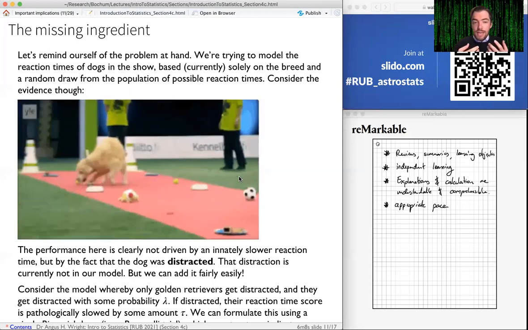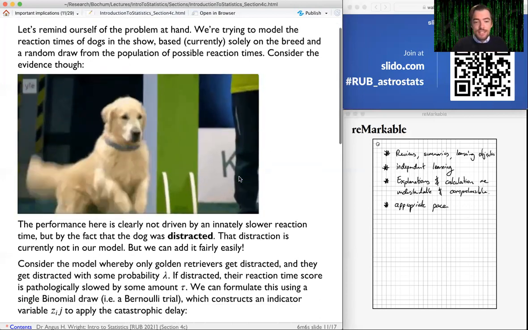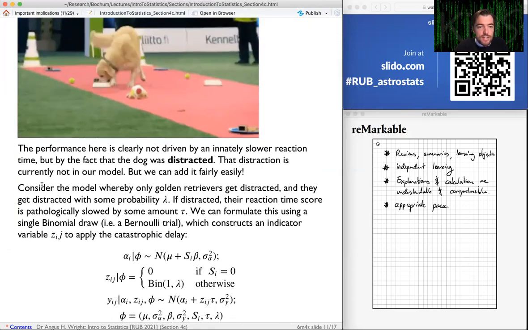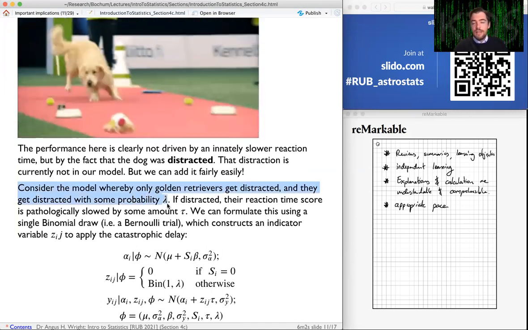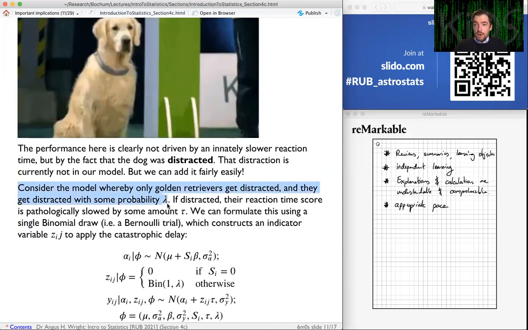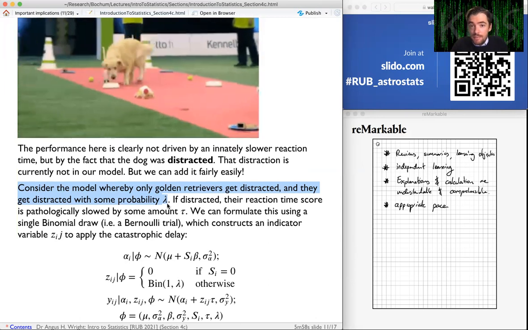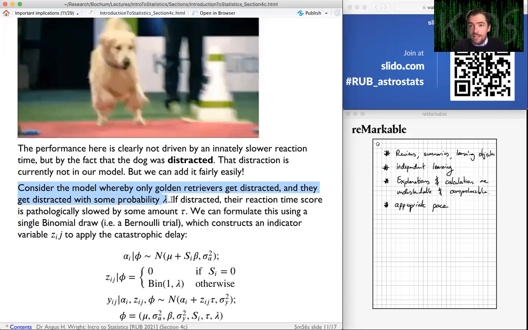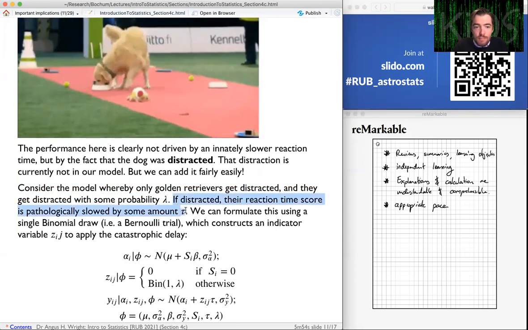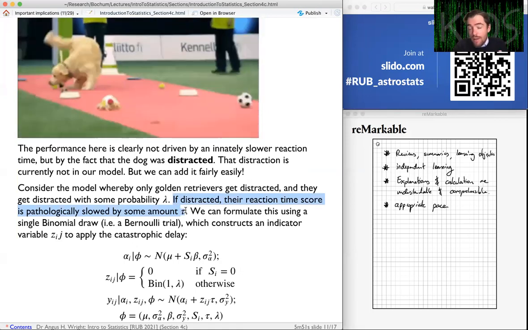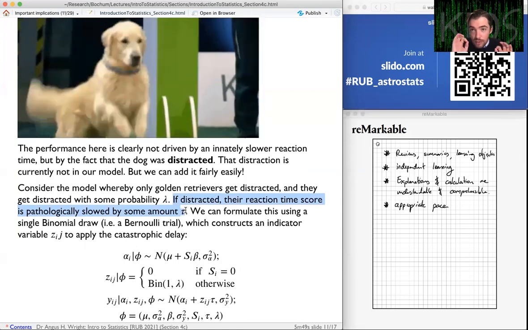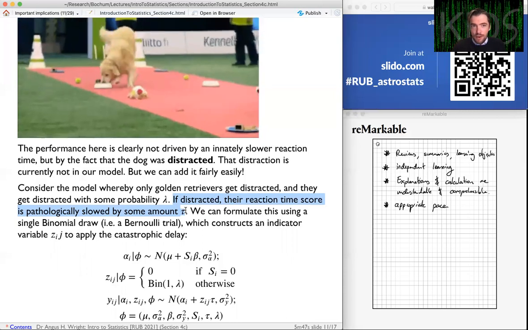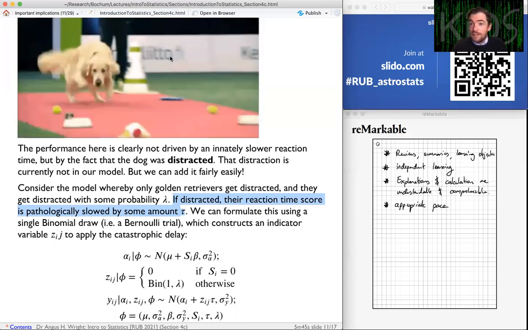Again, by making a simple statement. And that statement is that there exists some probability, lambda, that a particular dog will be distracted. And when they are distracted, their reaction time increases by a pathological amount, as you can see has happened here.